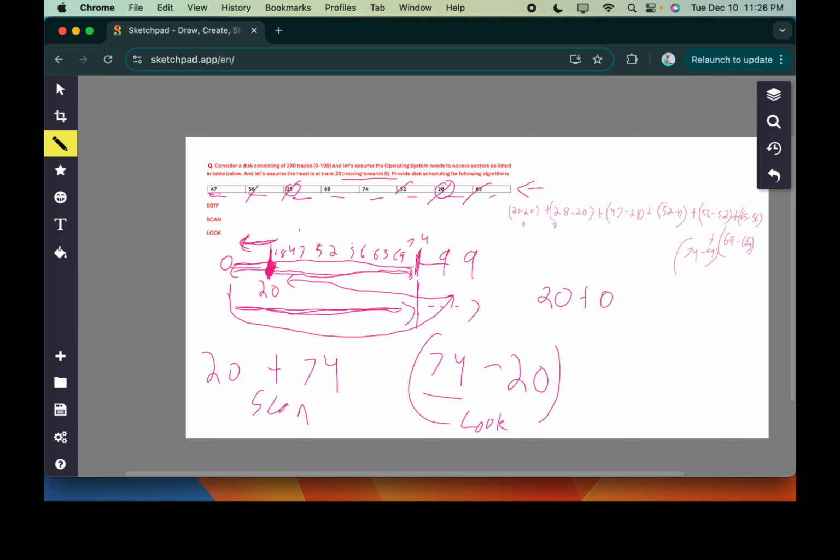We're at 199, and we're going to go all the way back till we get to the next smallest number, which is 28. There's no reason to go to 20 because 28 is the last number, because at that point we finished.